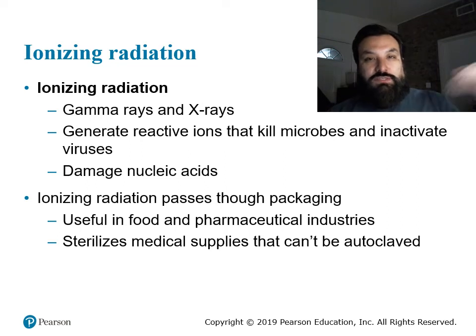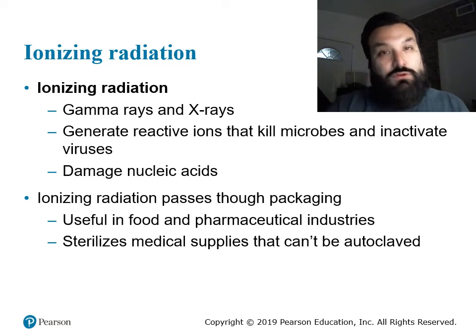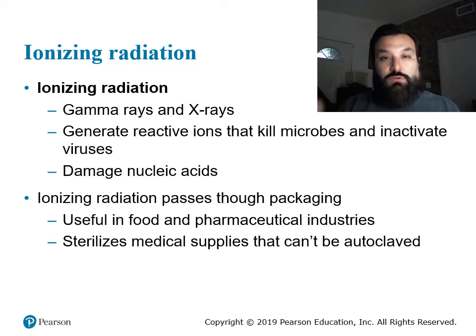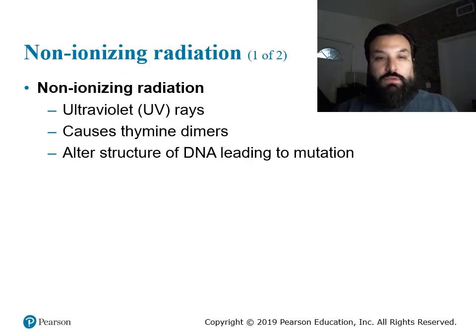What this does is kill the microbes and inactivate viruses, and they focus and damage the nucleic acids, nucleic acids being the genetic material of a virus or a bacteria, right? We actually use this in foods, for example, and pharmaceutical industries. We use ionizing radiation, right?